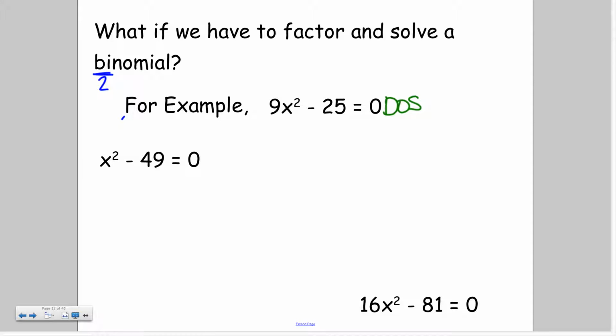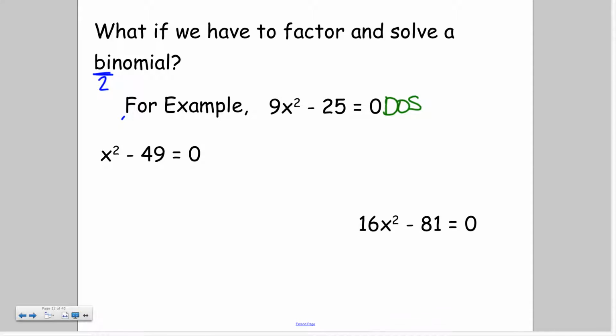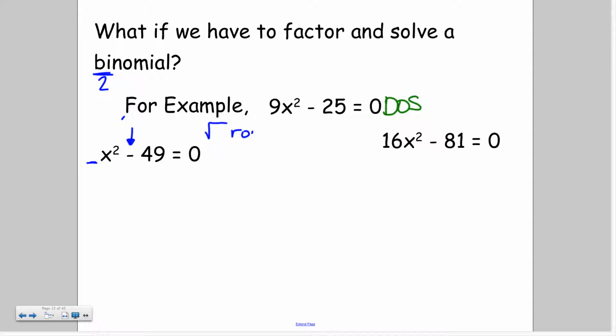I'm going to move these up just a little bit so I have room under them. If I look at this one, I do have the subtraction sign there, but I don't have a number here. So it's probably going to be easier to do this one by the square roots. So I'm going to solve this one by the square roots.